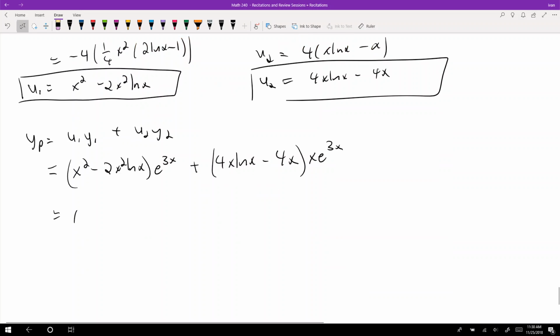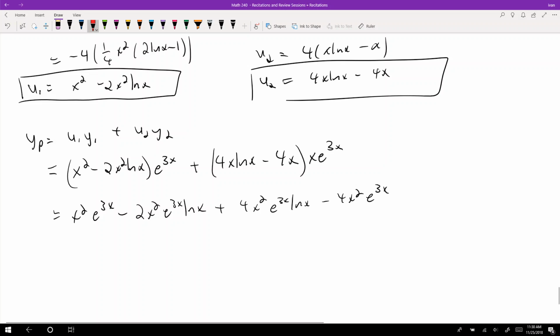So this is x squared e to the 3x minus 2x squared e to the 3x ln x plus 4x squared e to the 3x ln x minus 4x squared e to the 3x.